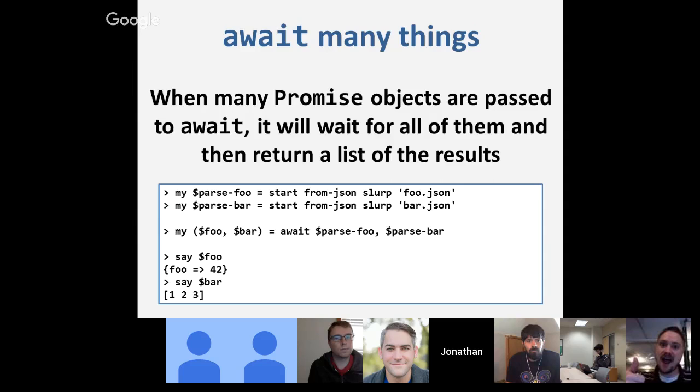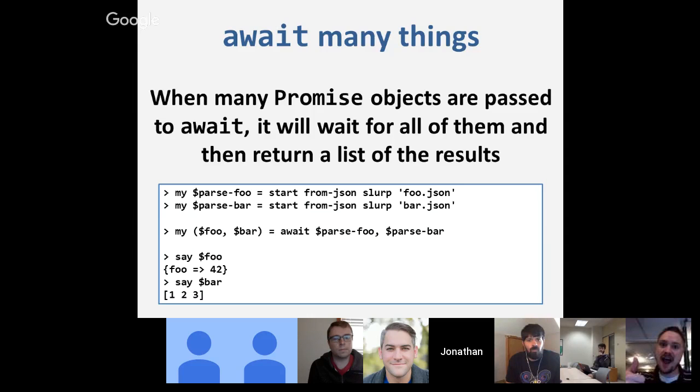So if I say start parsing foo.json, start parsing bar.json, I get back 2 promises. And with await, I can actually give it a list of things. And if I give it the list of different things to await, it will await the 2 of them, and it will return me a list of the unpacked values.